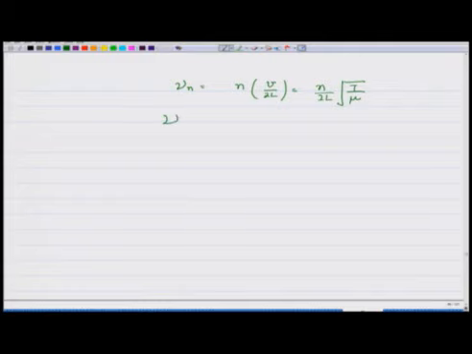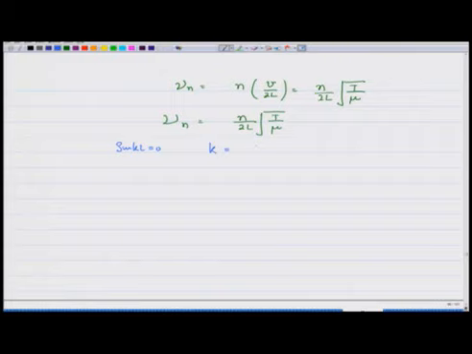So, the frequencies at which the string can vibrate are n over 2L times the square root of T over mu. This is based on the fact that sin kL is equal to 0 and therefore, k, which is 2 pi over lambda, is equal to n pi over L. Lambda is equal to 2L over n.